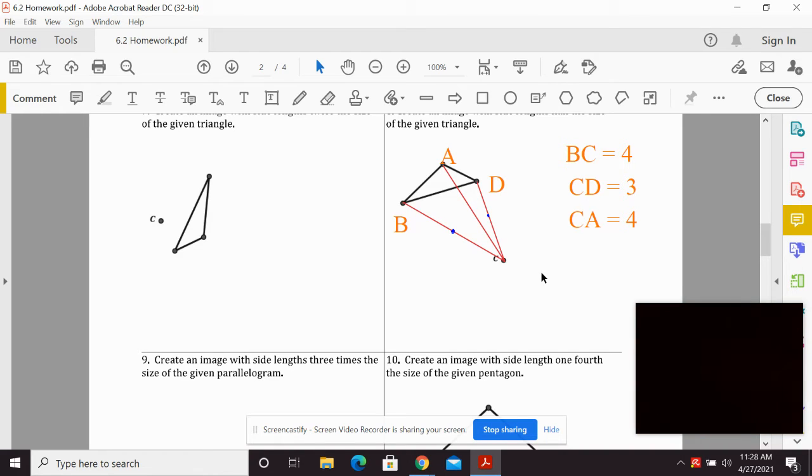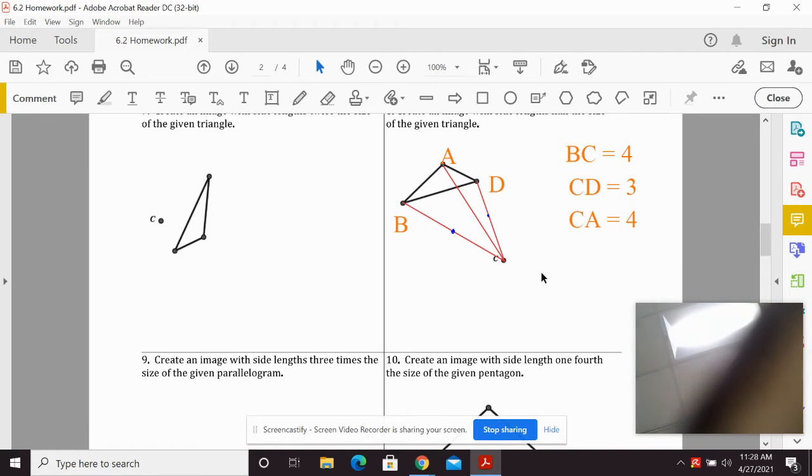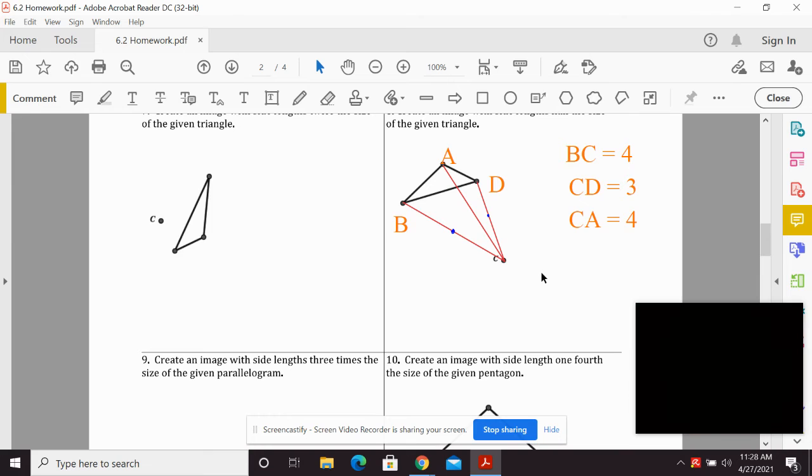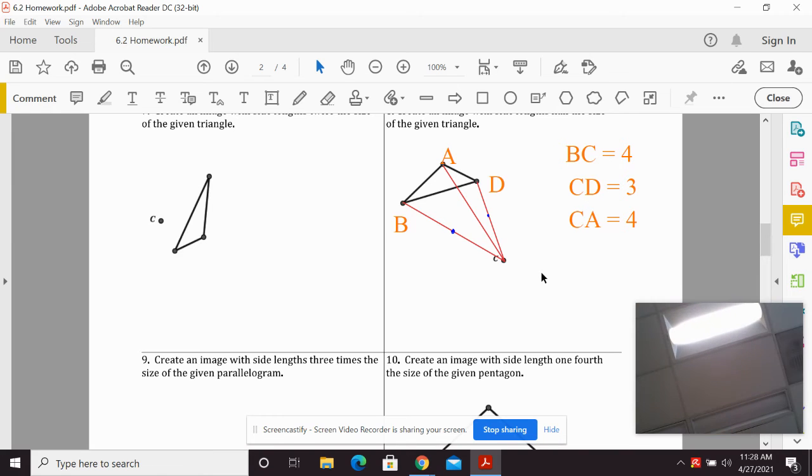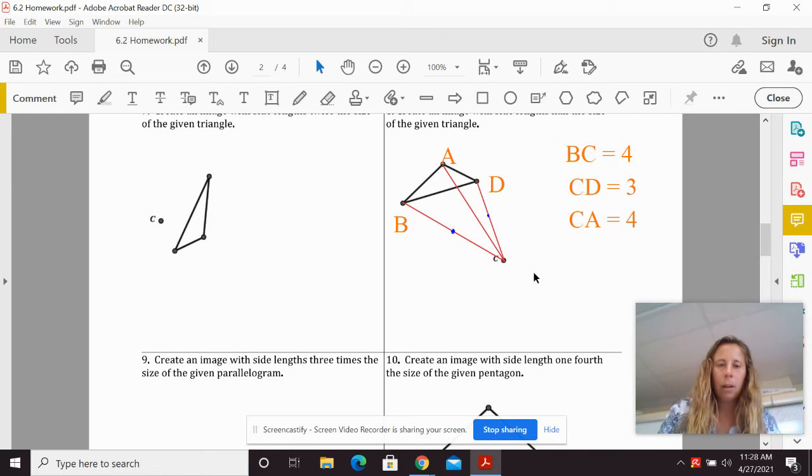So like right. Should be somewhere around there. Ish. Is that going to be too small of a dot? No, it's fine. Alright.